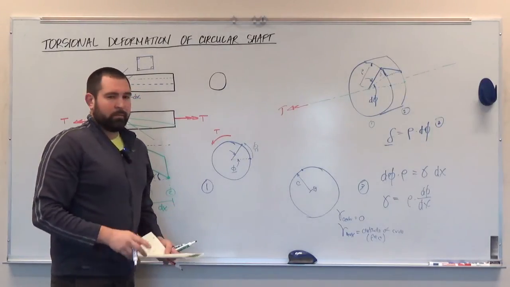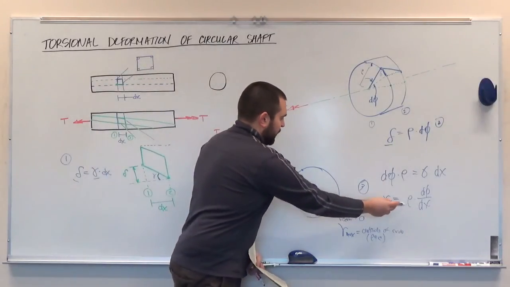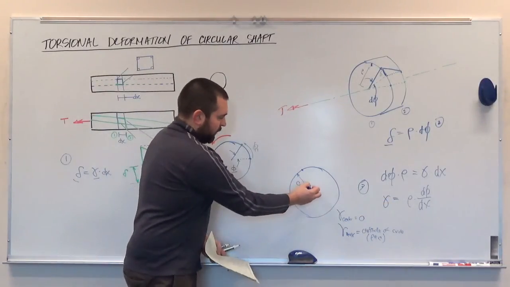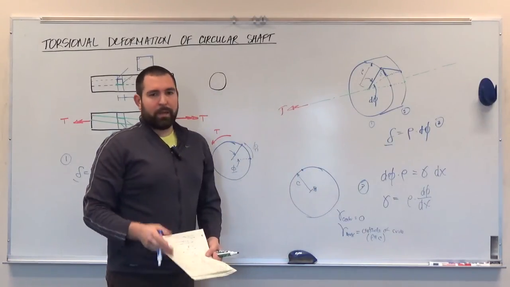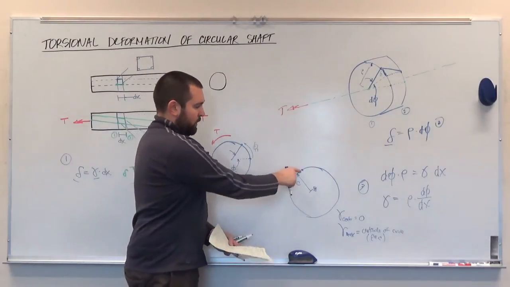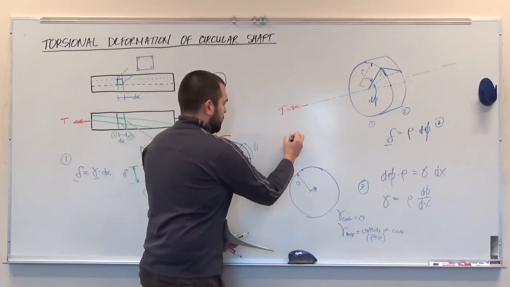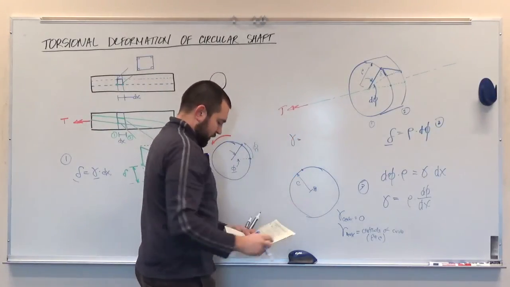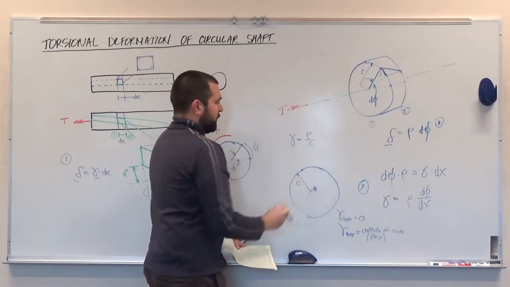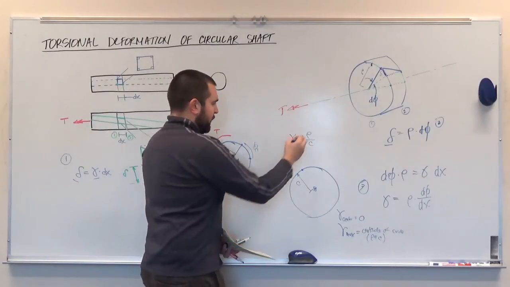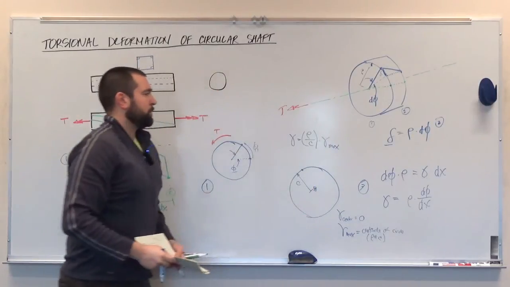And one other thing that we can get from this relationship is that because it is a linear relationship between gamma and rho, we not only know that there's going to be 0 shear strain at the center and the maximum shear strain at the outside surface, we can also interpolate for any point in between. So we can say that the gamma at any point is equal to the ratio of the distance from the centroid rho divided by the maximum distance, the radius c, times whatever our maximum shear strain ends up being.